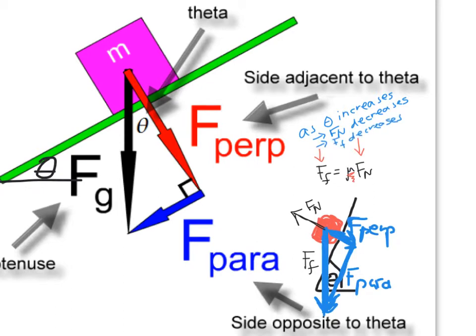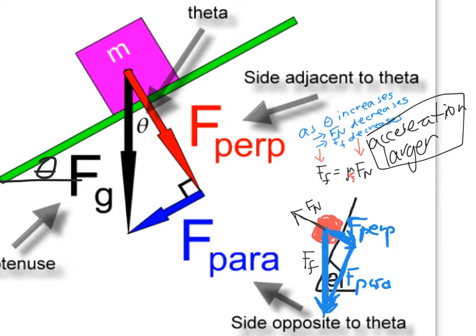Therefore, as the angle theta increases, the normal force is decreasing, the frictional force will decrease via this equation, and that means one very important thing, which is that the acceleration of the object down the plane would be larger. So you get more acceleration of the object down the plane if you increase the angle theta.